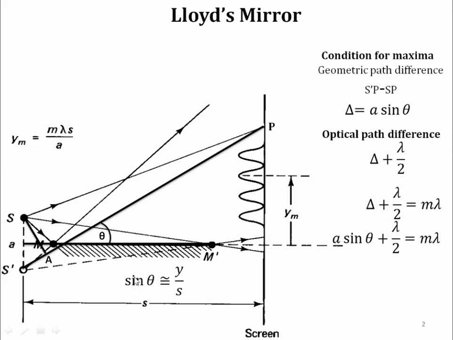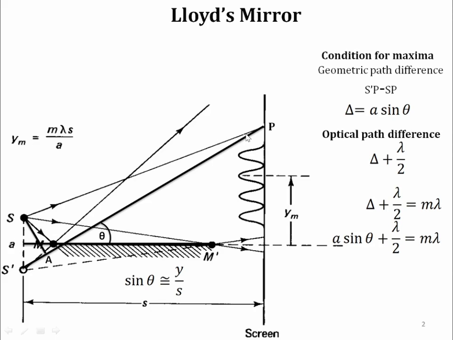Then to obtain sine of theta we can take this triangle and write the expression for sine of theta, which will be the perpendicular, let us say this is y, divided by the hypotenuse. So the hypotenuse is this one, right?